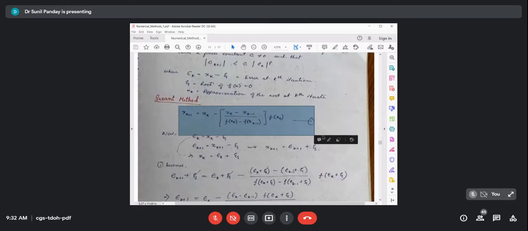If you remember, xk plus 1 equals xk minus (xk minus xk minus 1) upon (f of xk minus f of xk minus 1) into f of xk.